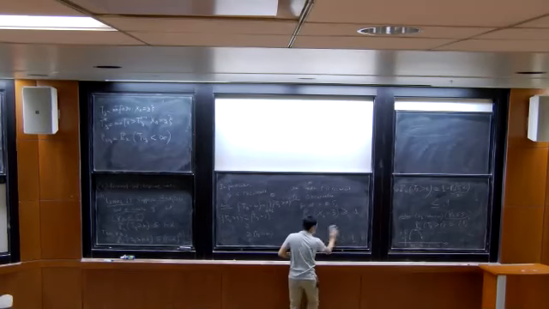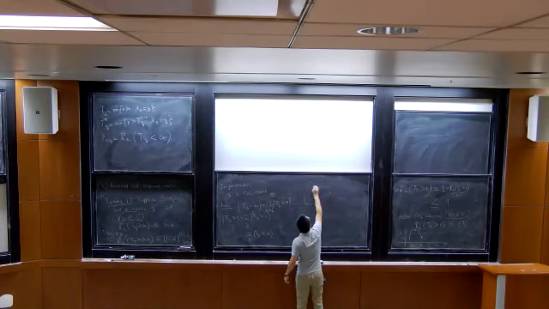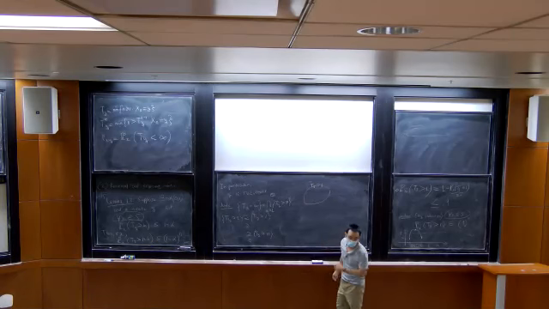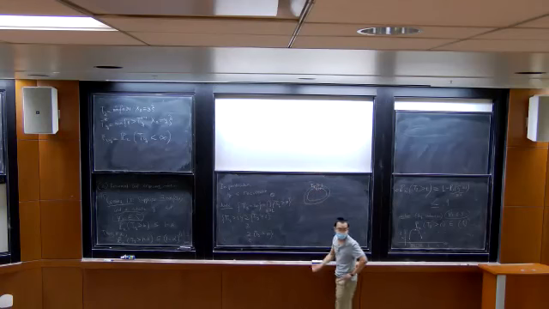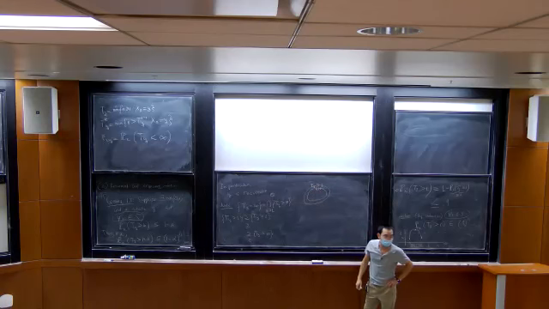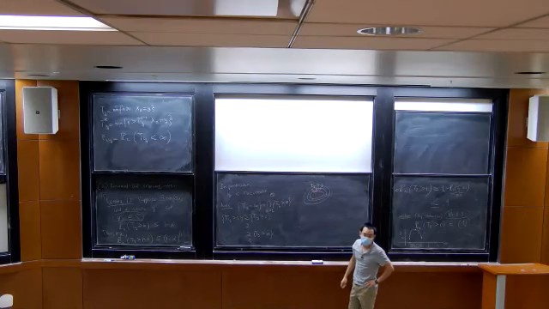So maybe let me sketch it out using a diagram. I have a big set here, {T_y > 1}. Inside of that set, I have a smaller set, namely {T_y > 2}, and inclusion basically keeps going, {T_y > 3}.